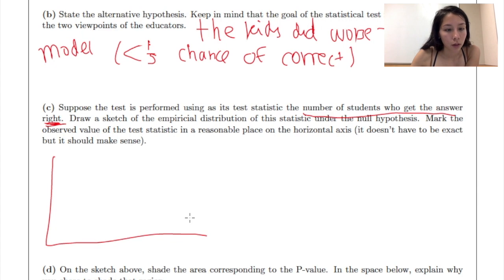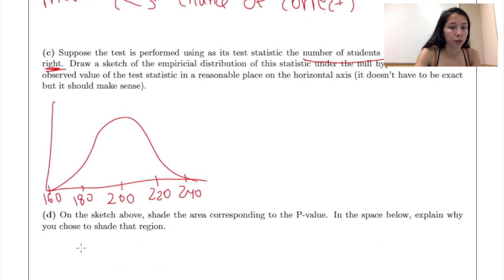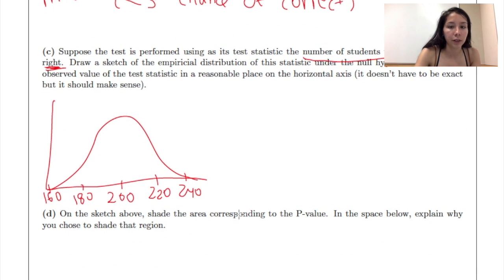At the center it should be about 1/5, so that's 200 out of 1,000. Then here we're going to get 220, 240, etc. So this will be 180, 160, and so forth. The observed value of the statistic is 180, so that's in a fairly reasonable place.